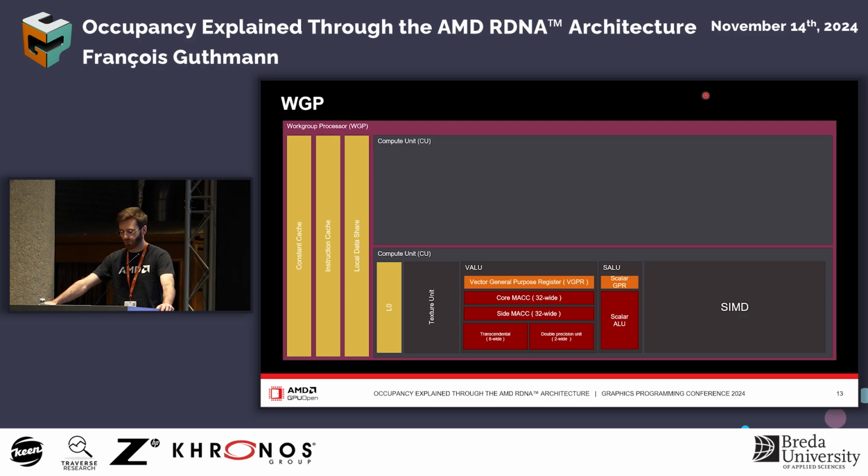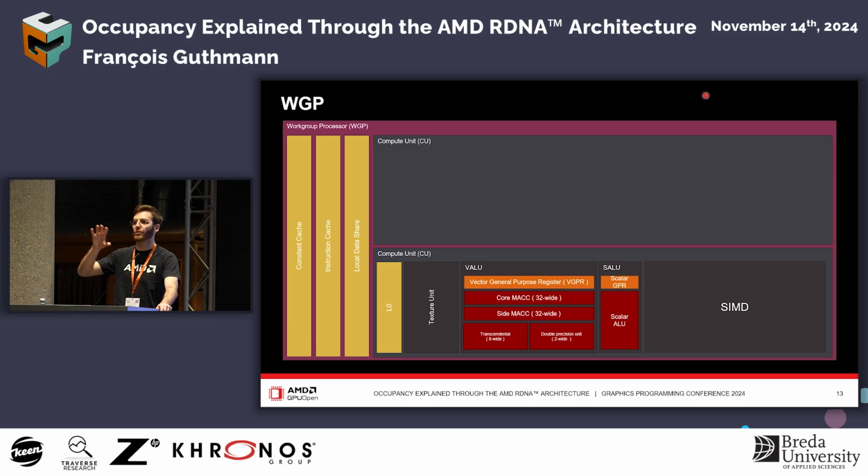So what do we have in a workgroup processor? We have a bunch of yellow blocks again: a constant cache to, well, cache things coming from constant buffers, for instance. We also have an instruction cache to, again, cache instructions for your shaders. And we've got the local data share, which I'll probably call the LDS as well. This is a block of memory that is used by threads within a compute shader that want to share memory.